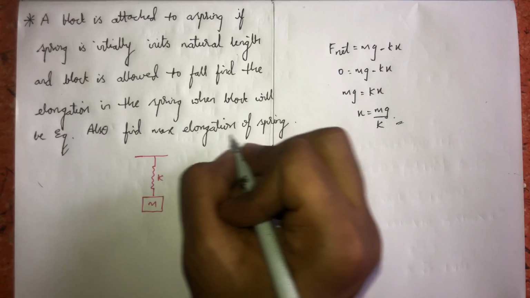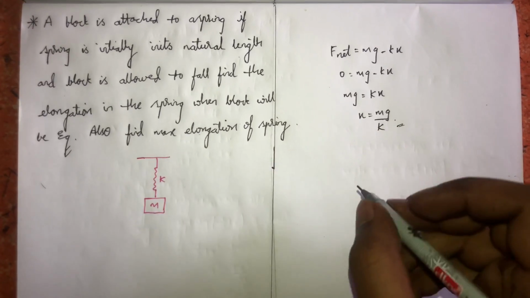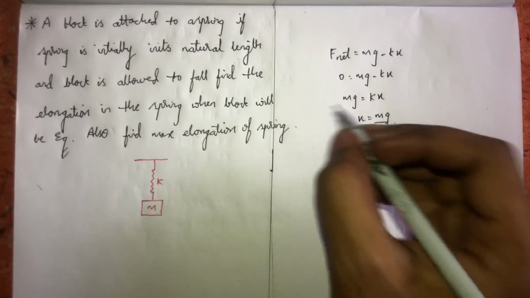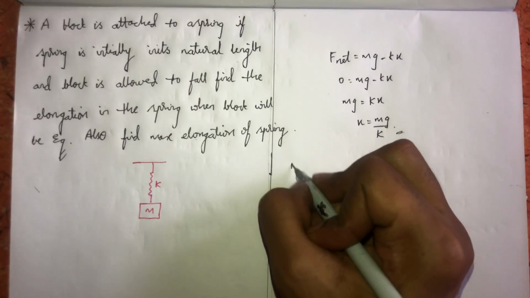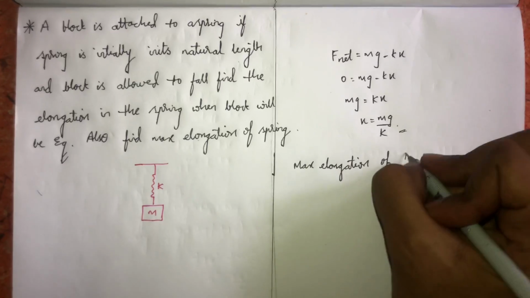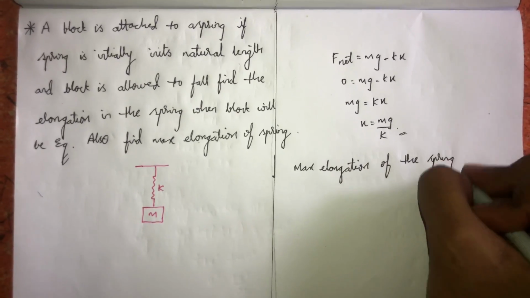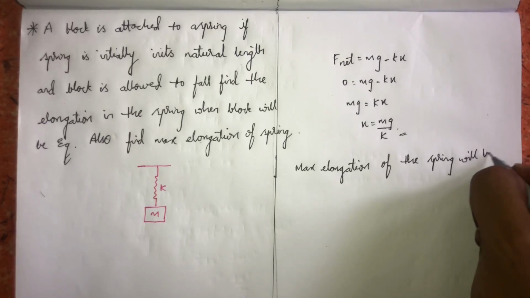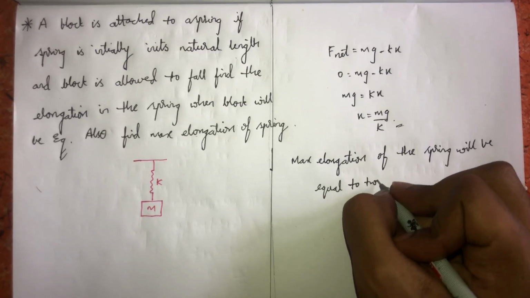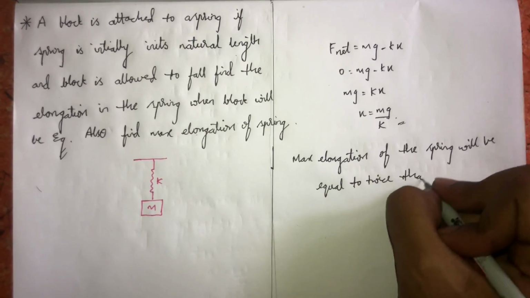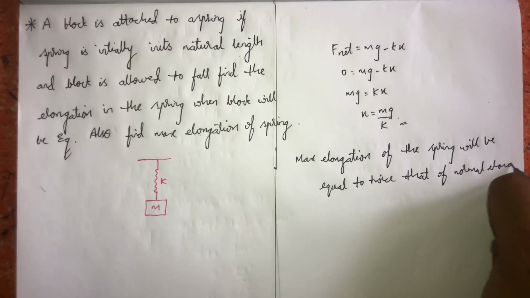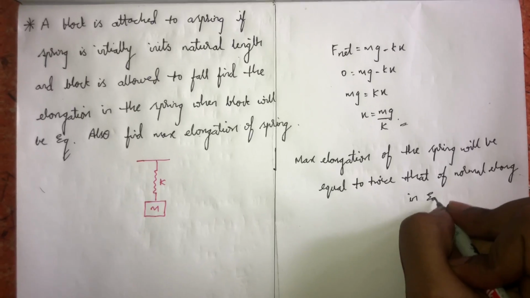They also ask us to find the maximum elongation of the spring. Here the maximum elongation of the spring will be equal to twice that of the normal elongation in equilibrium.